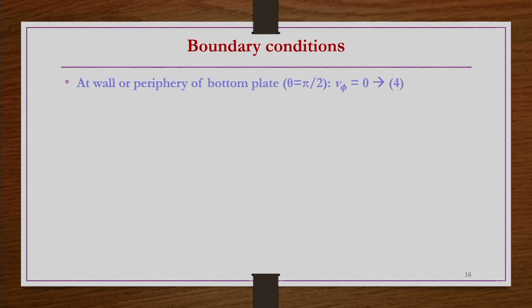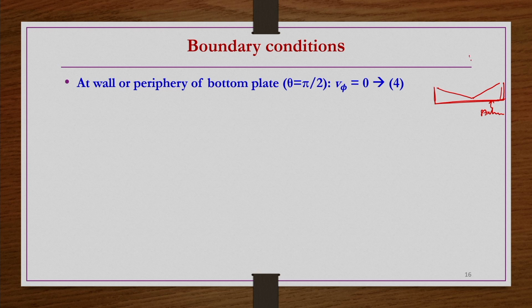Now the boundary conditions at the wall or periphery of the bottom plate. What we have is a bottom plate like this, and within this we have a cone arranged like this. In this case we have taken the bottom plate to be stationary, so obviously V phi should be 0.